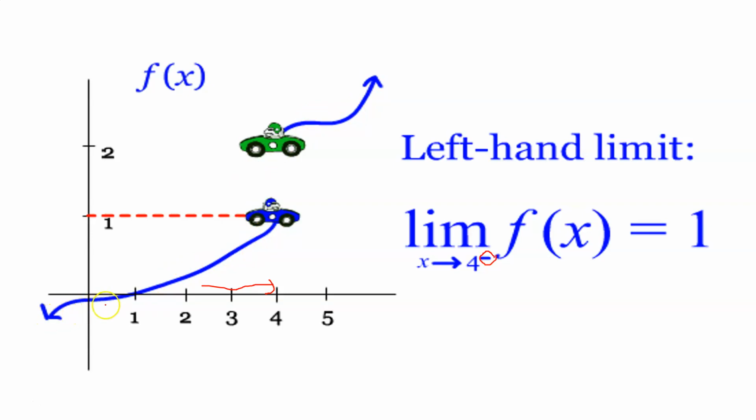Because the curve is actually coming from the left. So the answer is equal to 1. Don't refer to this because this curve is coming from the right. Okay, so this is right hand limit, this is left hand limit. Anything that comes from the left is left hand limit, or you get this negative sign on top of the a.